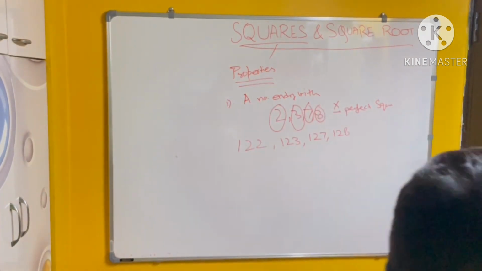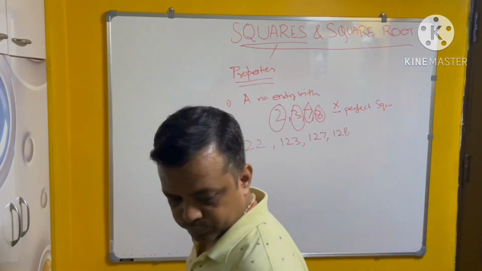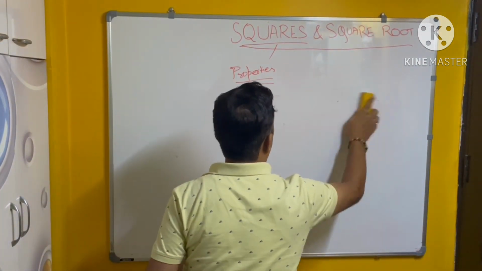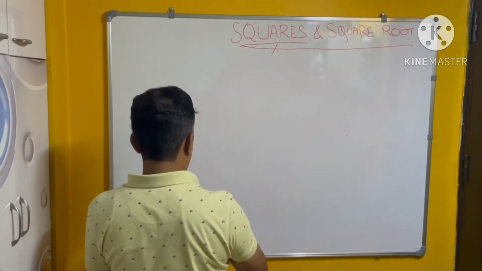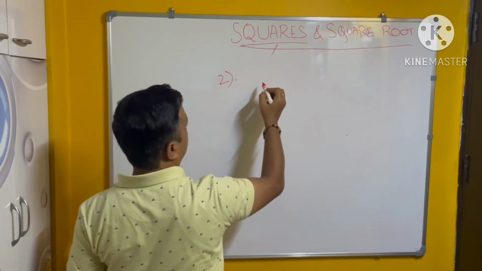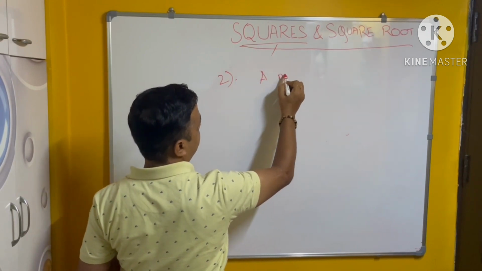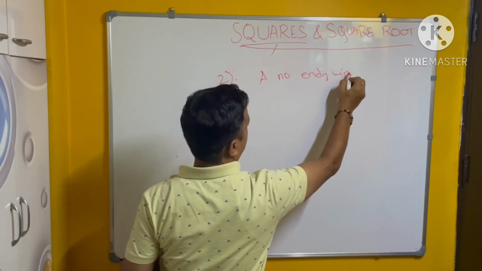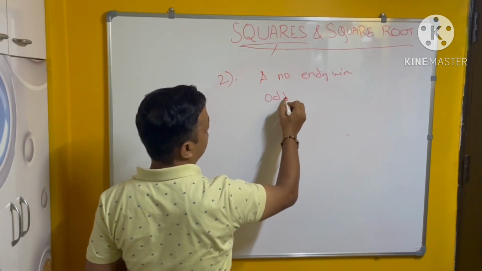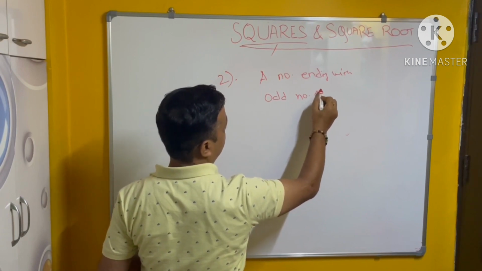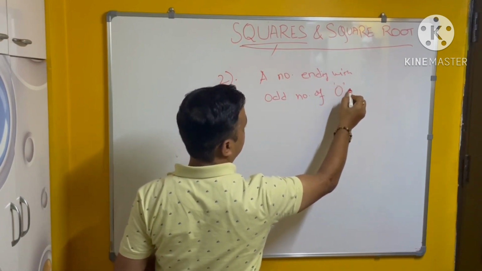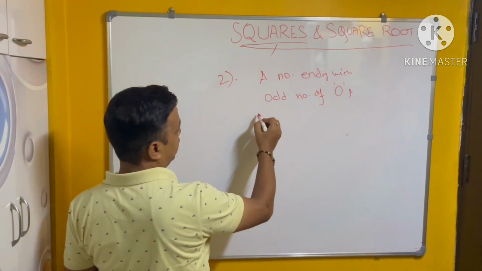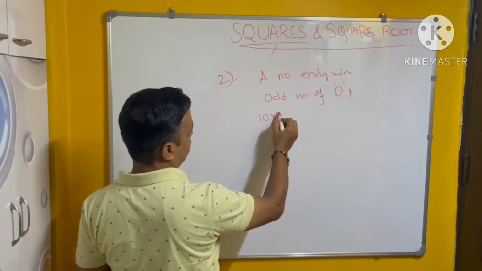Now another property is: a number ending with an odd number of zeros cannot be a perfect square. Why will it be so? Let's take a simple example: 10 into 10, right?